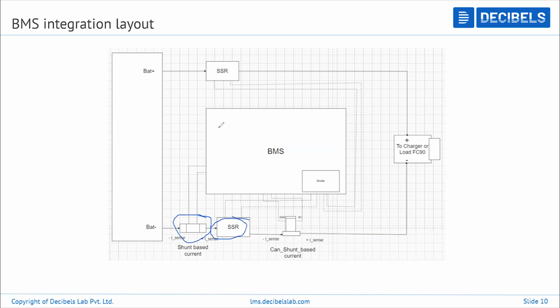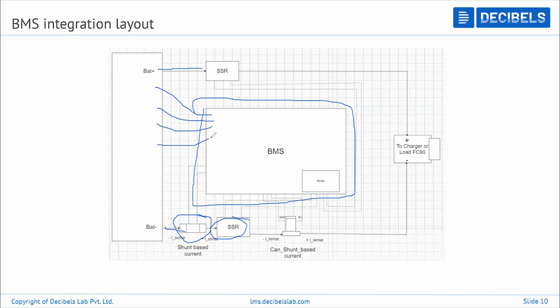This is your BMS board, with the positive and the negative of the BMS board. You will be reading everything from the pack voltage to cell level voltages from the battery pack to the BMS. Then there is a MOSFET module where we can control the charging and discharging.